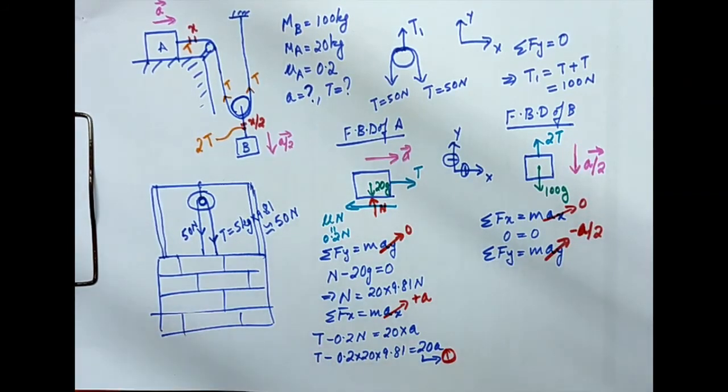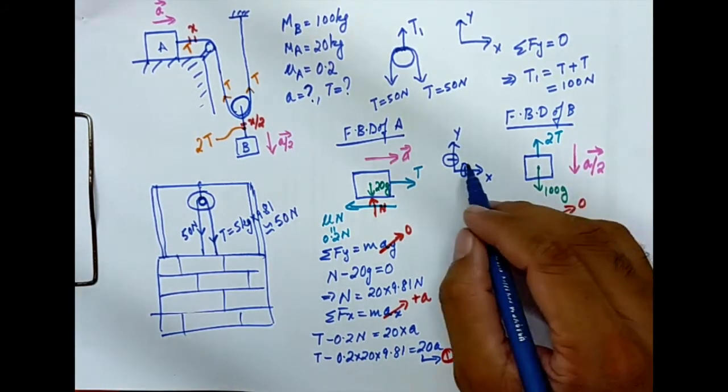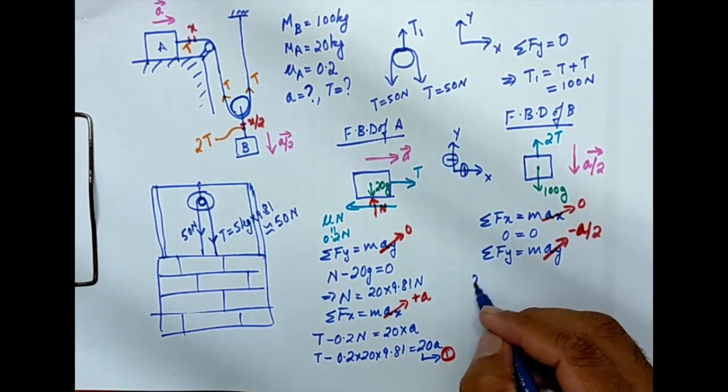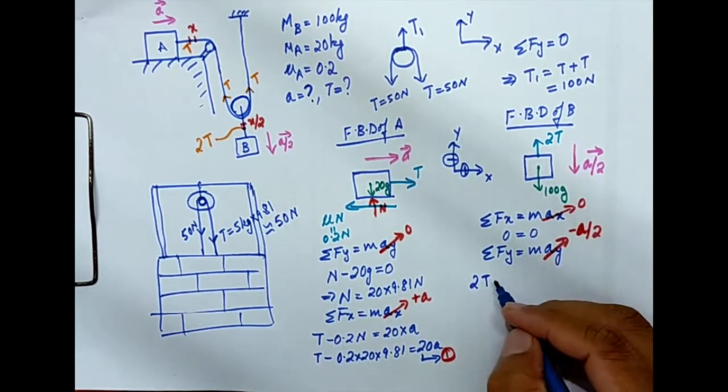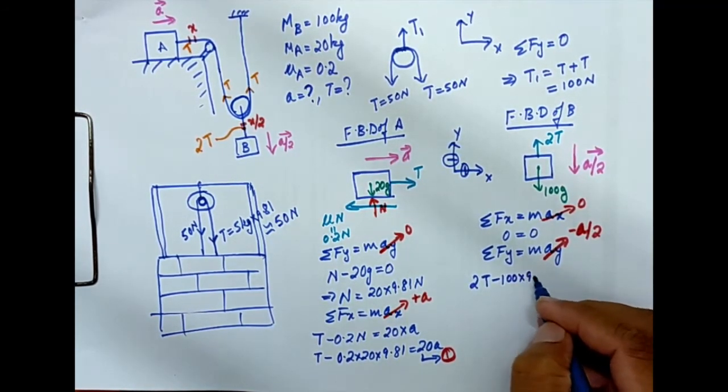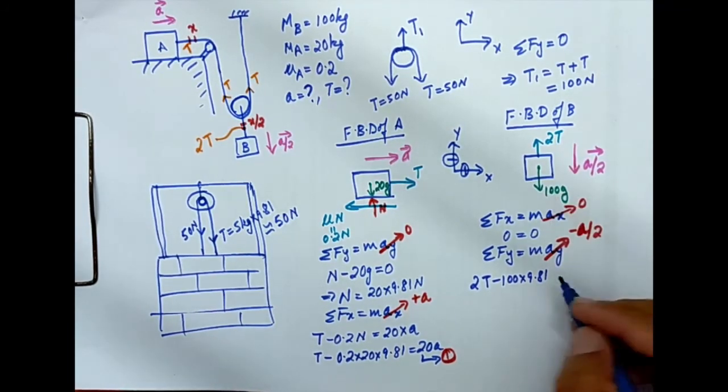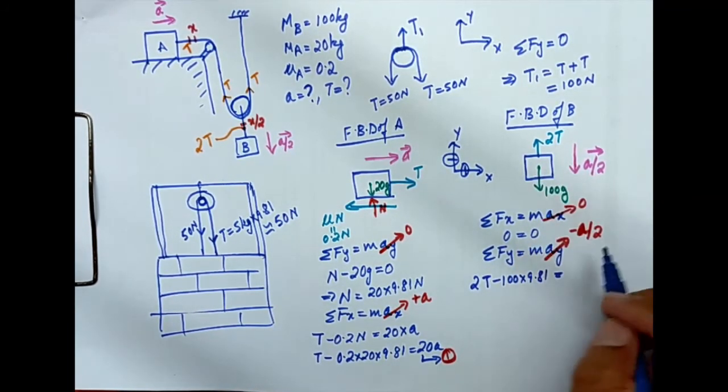Now let's write it. Y positive is upward, so I have 2T upward minus 100 into 9.81 downward. That's the left hand side, no other forces.